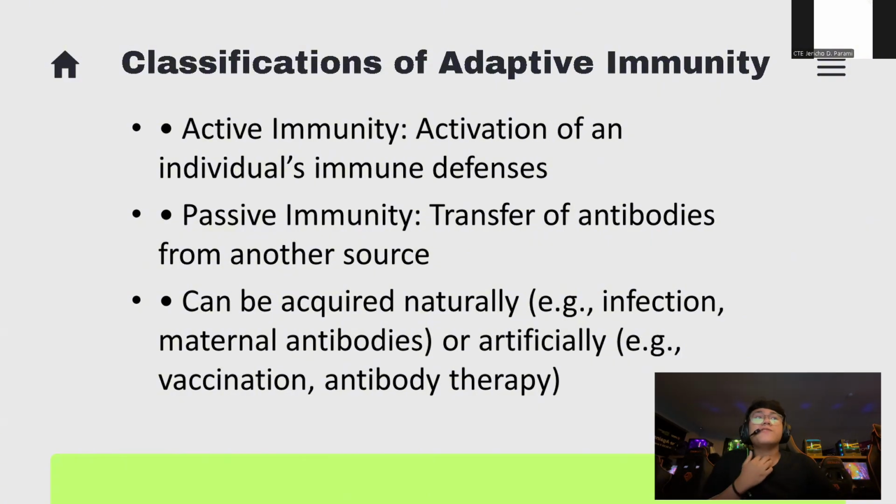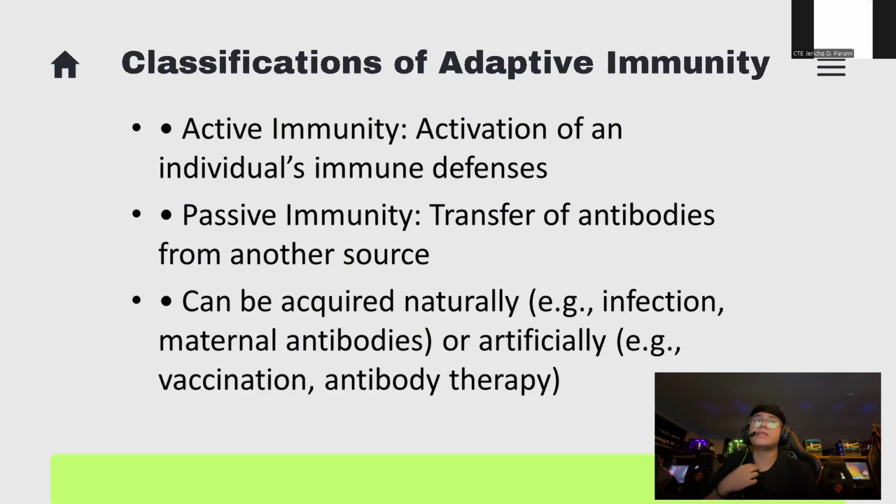And then passive immunity is when antibodies are transferred from another source. We also have two types: the natural and the artificial. Natural passive immunity is when antibodies pass from a mother to her child through the placenta or breast milk.